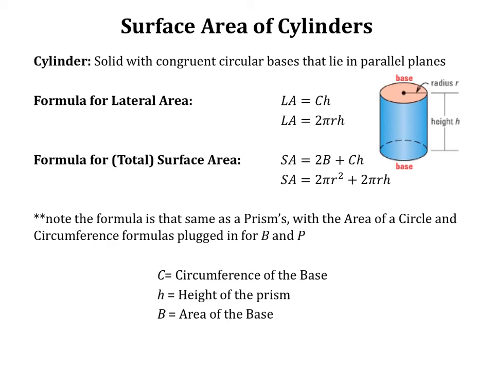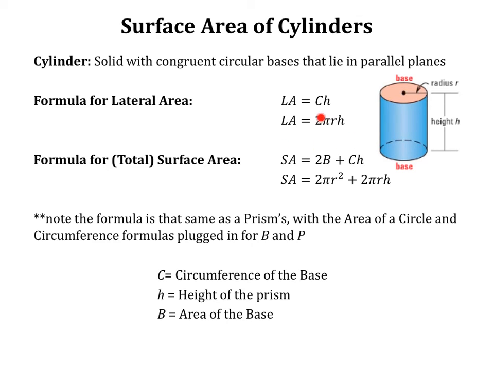So now let's discuss cylinders. Cylinders are solids with congruent circular bases that lie in parallel planes. Cylinders behave very similarly to prisms, just with circular bases. So for my formula of lateral area, it was perimeter times height before, but we know that the perimeter of a circle is called the circumference. So my lateral area is circumference times height.